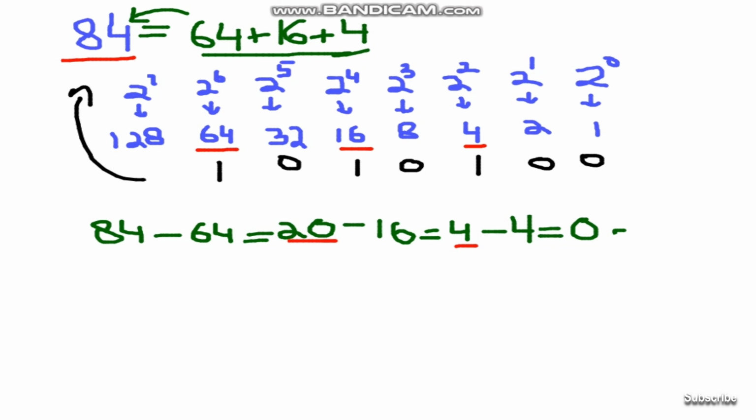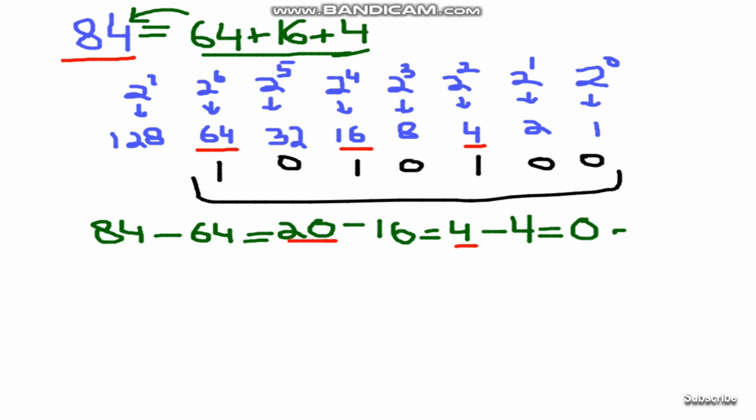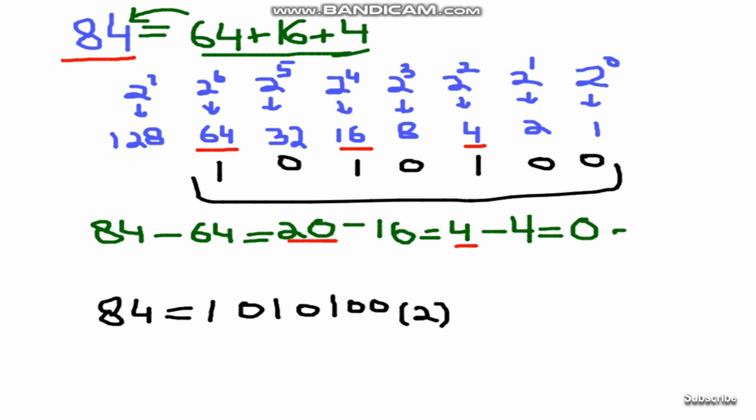So you can see we have our binary form here. So the answer is going to be 84 is equal to 1010100 base 2. So I have taught you the method.